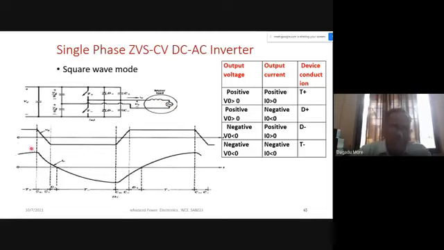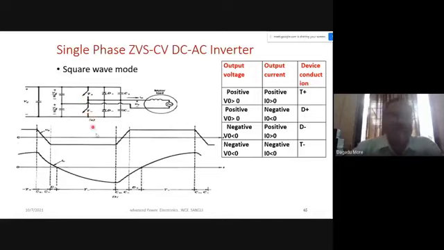So here we are operating at 50 hertz square wave mode, and both our switches will be turned on at zero voltage, and voltage is clamped because of the topology itself.